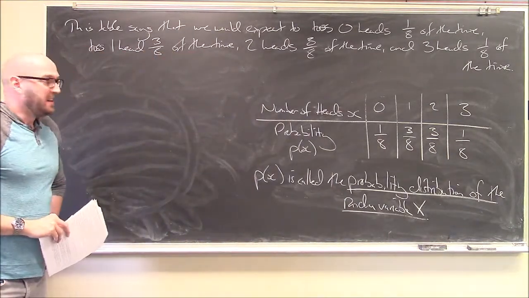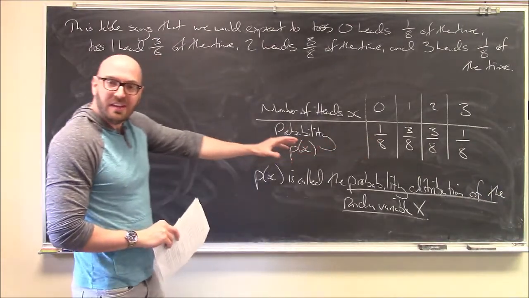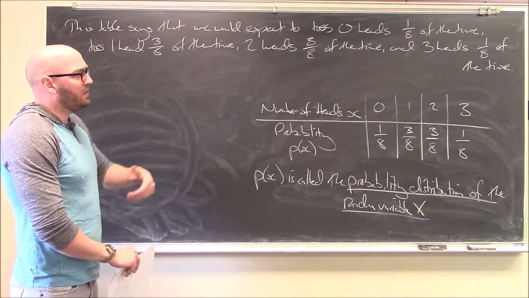So what I'm interested in is, in the long run, what's the average number of heads that I'm going to see across all of the different outcomes?